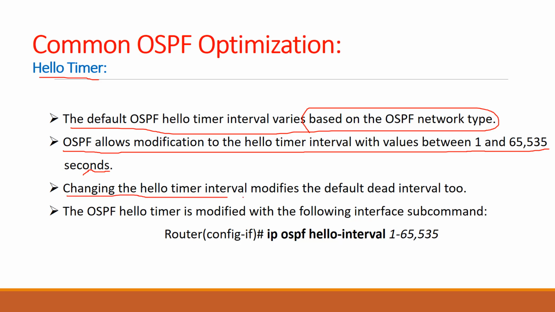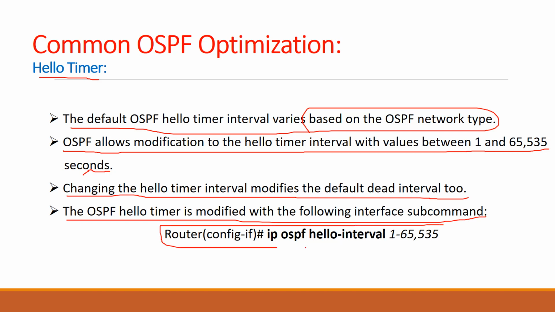Changing the hello timer interval modifies the default dead interval too. The OSPF hello timer is modified with the following interface subcommand: ip ospf hello-interval, and give a value in seconds.